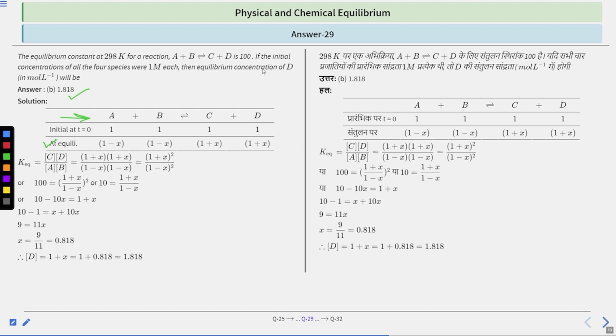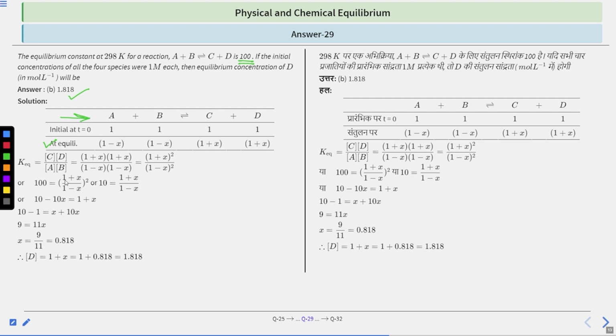We are also given the equilibrium constant, which is 100 in the question. So 100 is equal to 1 plus x upon 1 minus x, whole square. Taking the square root of both sides, 100 is the square of 10, and the right side is already in a square.